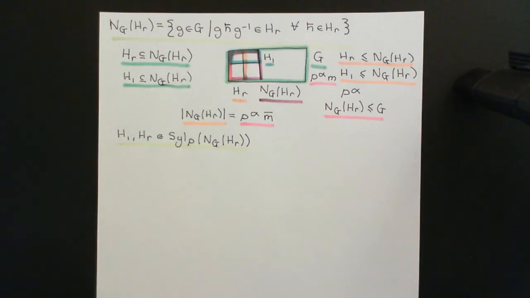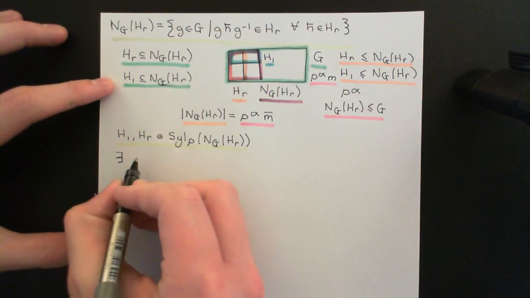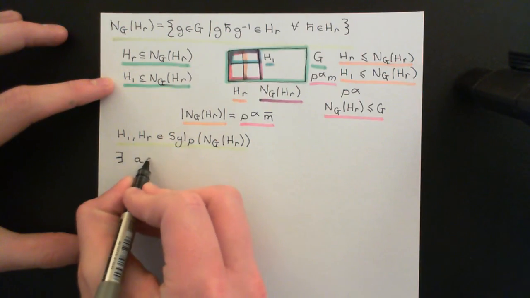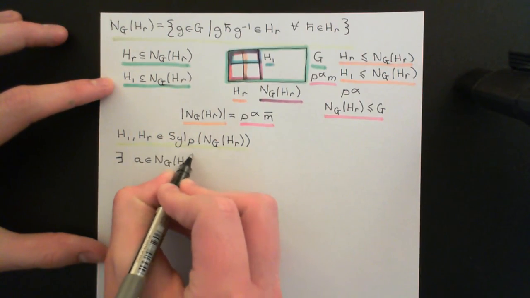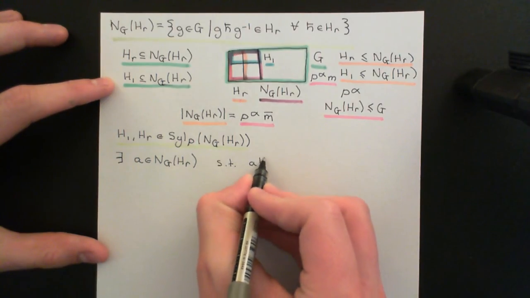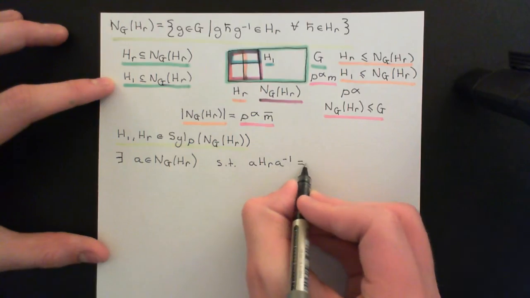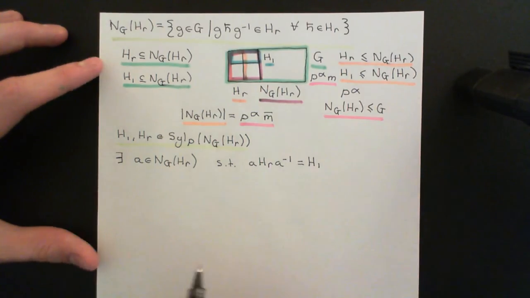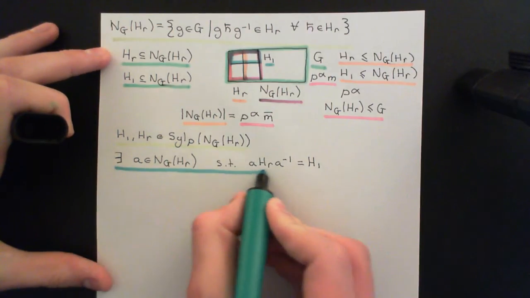So what we can do is apply that corollary of Sylow's second theorem, and say there must exist some little a, which is an element of the normalizer of HR in G, such that if I conjugate little hr by little a, I end up with capital H1 basically. That's the corollary of the second Sylow theorem.